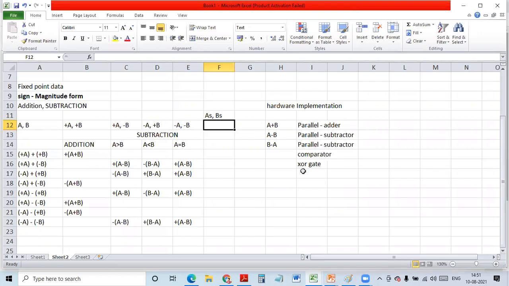See, usually how is the subtraction carried out? You can even perform the subtraction with the help of an adder, right? In what way? Rather than using two parallel subtractors, I can use a parallel adder along with what extra module to get the subtracted output?